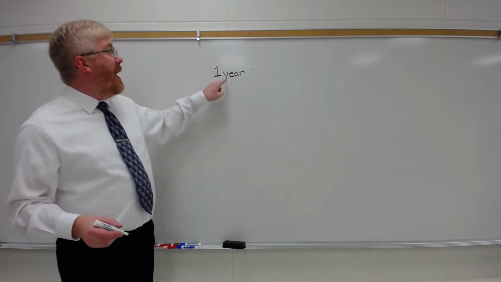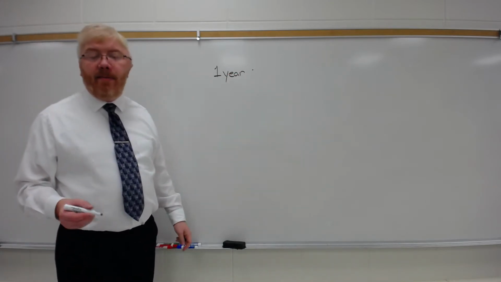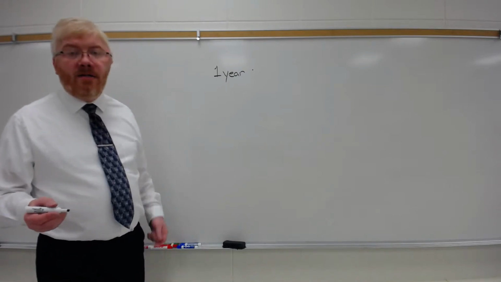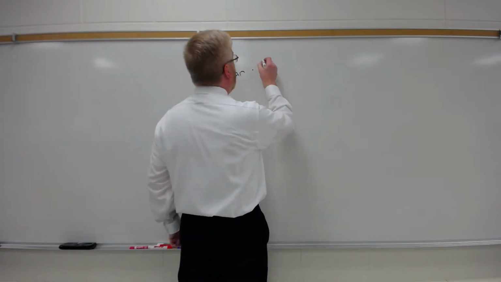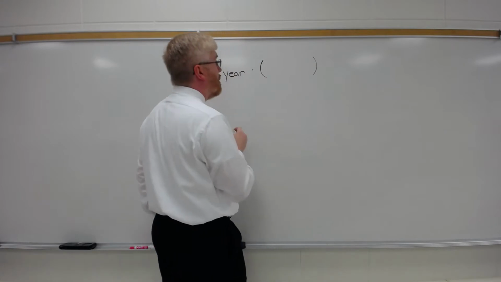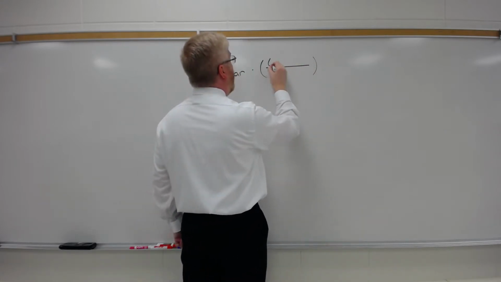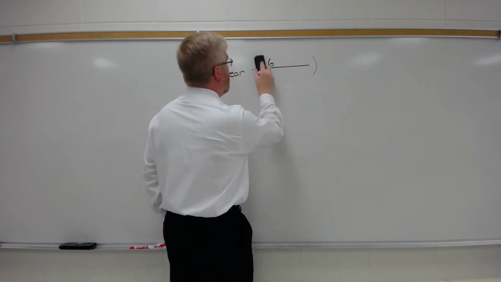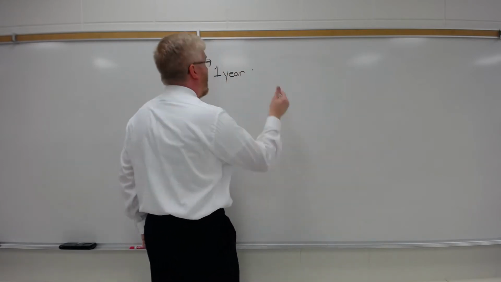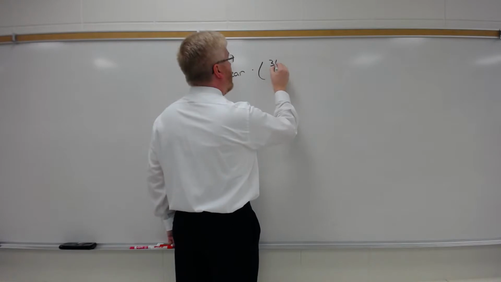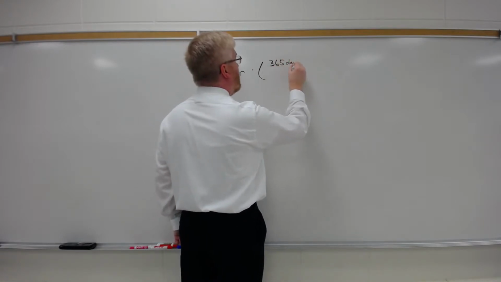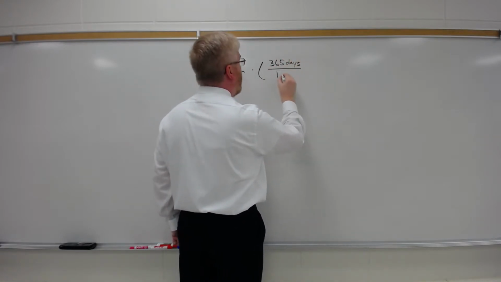Well, I don't know what the conversion is from years to seconds immediately in my head, so I need to break this down and multiply this by a unit of 1. There are 365 days, about, in 1 year.